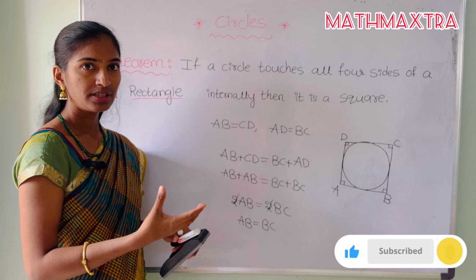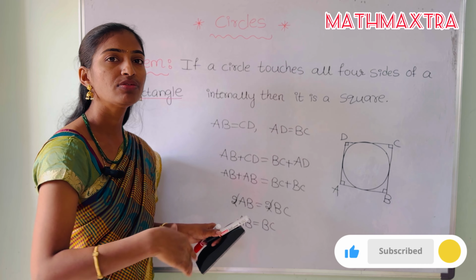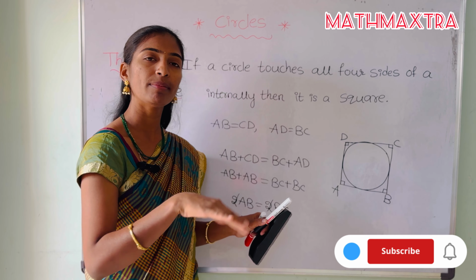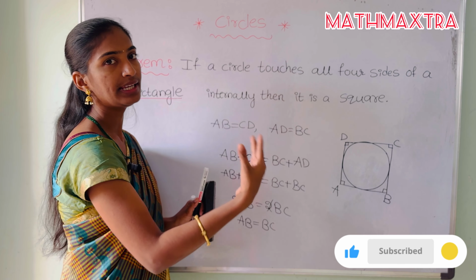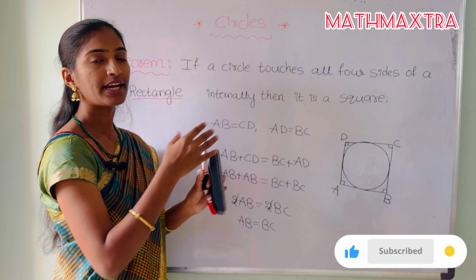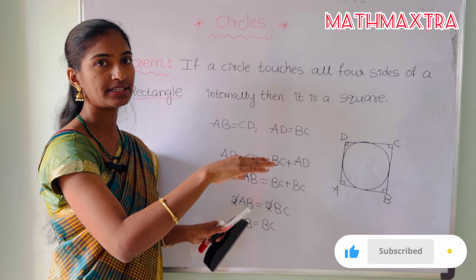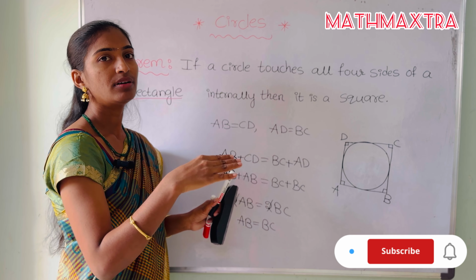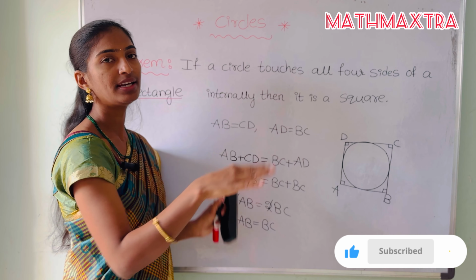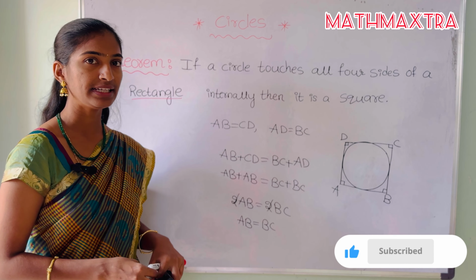The next theorem: if we have a parallelogram and a circle touches all the four sides of the parallelogram internally, then automatically it becomes a rhombus. And the next theorem: if we consider a rectangle and a circle touches all the four sides of the rectangle internally, the quadrilateral becomes a square.